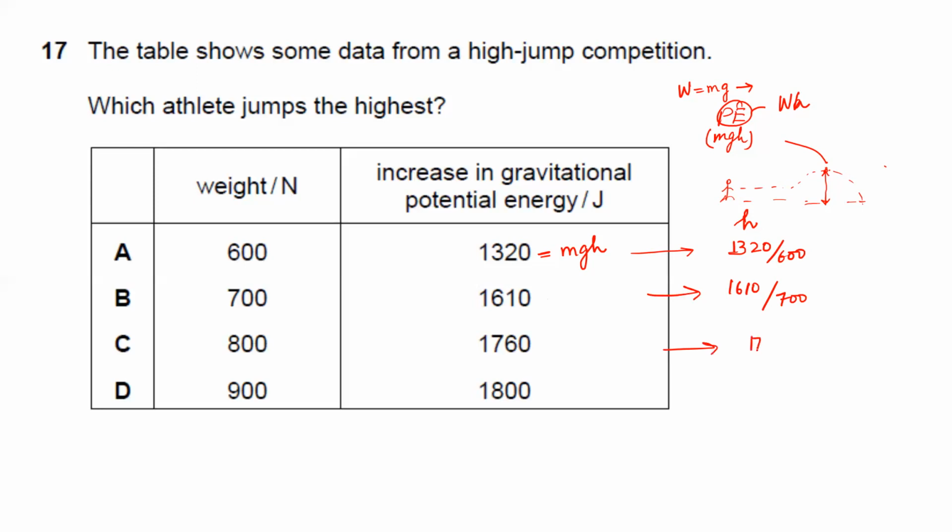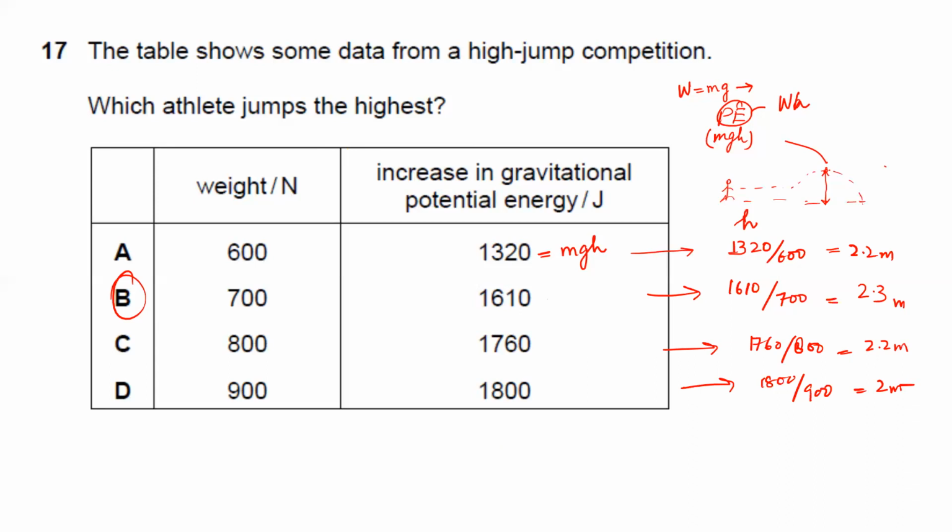This case, 1760 divided by 800, and this case 1800 divided by 900. So if we find the heights, this height is around 2.2 meters. This value comes out to be 2.3 meters. This value again 2.2 meters, and this is 2 meters. So the athlete who jumps highest is B. Okay, this is how we solve this question.